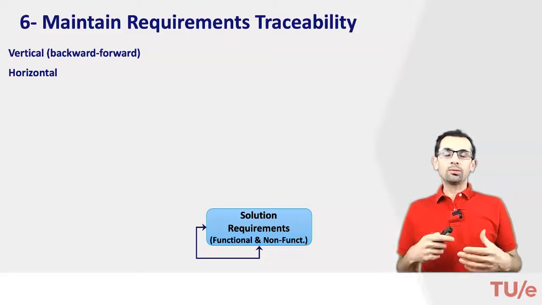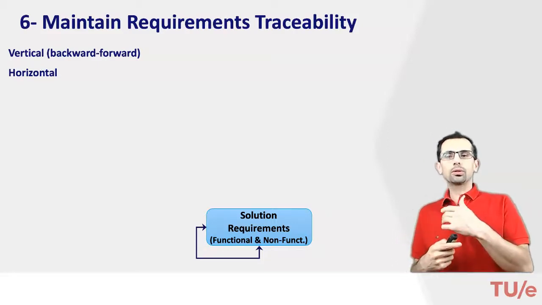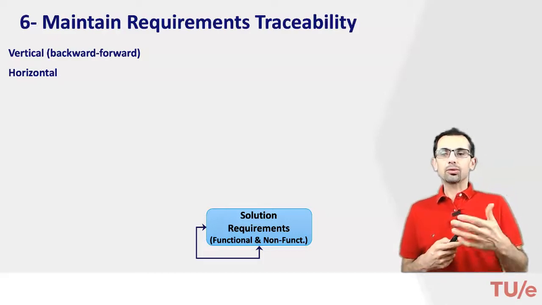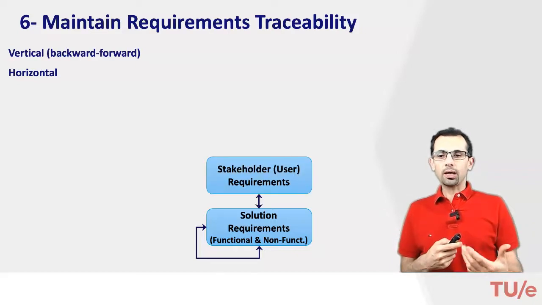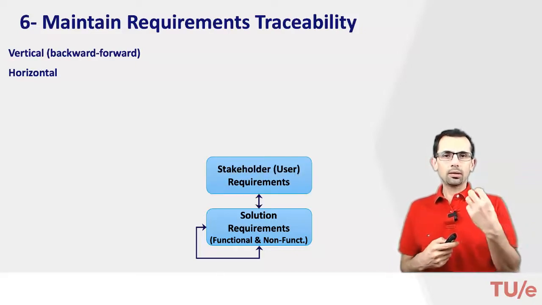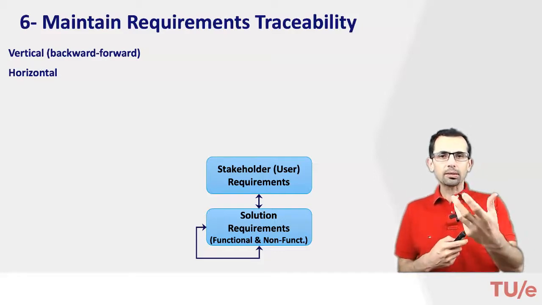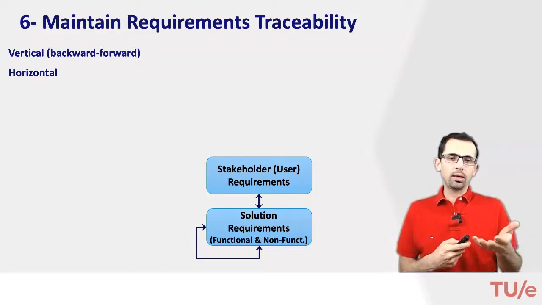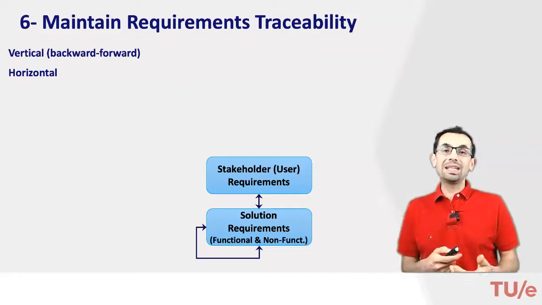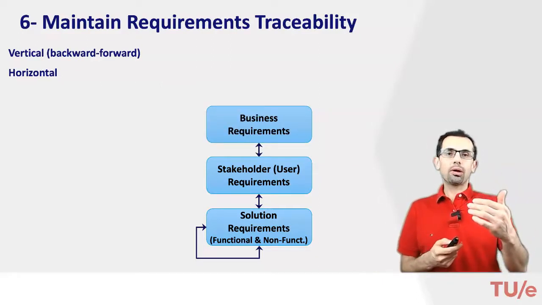When we are talking about vertical and backward traceability, for instance for the solution requirements, we are referring to something like this. You take a solution requirement and map or link it to a stakeholder user requirement. You do the same thing if you want to extend the scope of your traceability, and it's a good practice to do so: you link it to your business requirements.